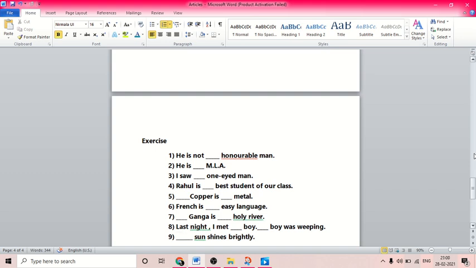Sixth one, French is dash easy language. Easy starts with an e sound, that's why we use an easy. Seventh one, Ganga dash Ganga is dash holy river. Ganga is the name of a river, that's why we use the. And here we are mentioning a river, that's why we use a holy river.